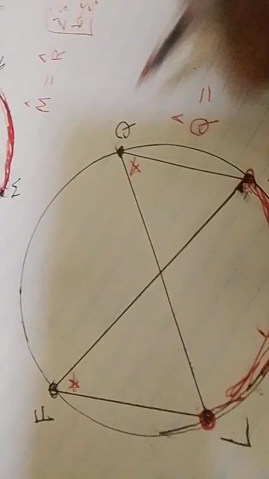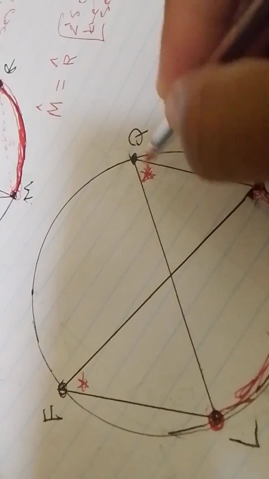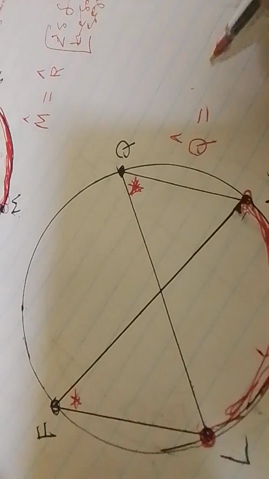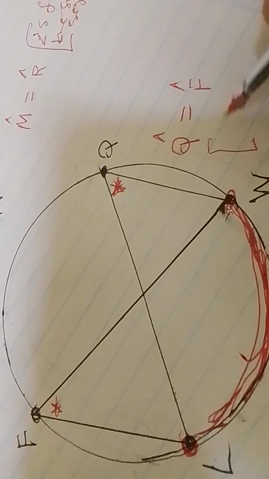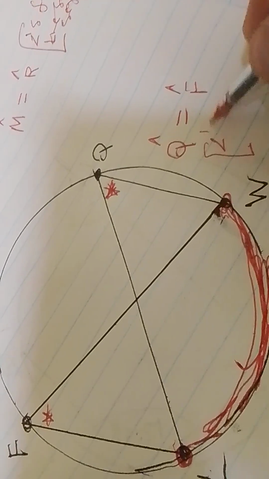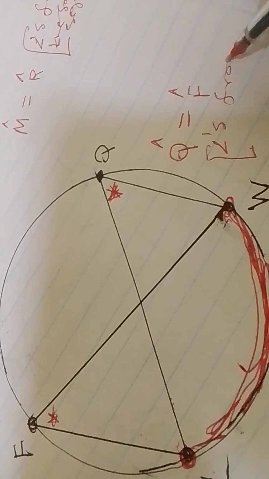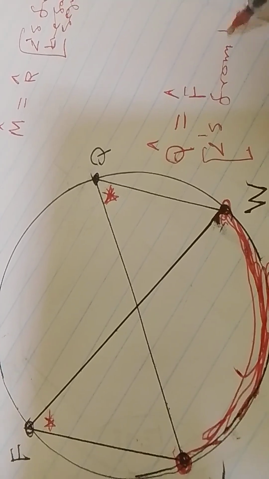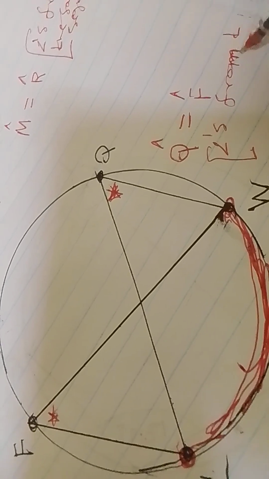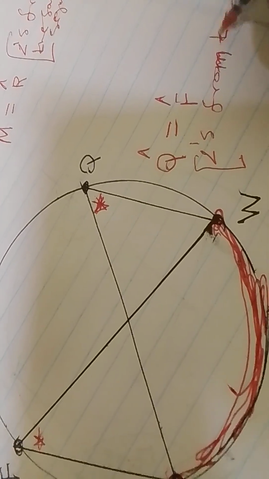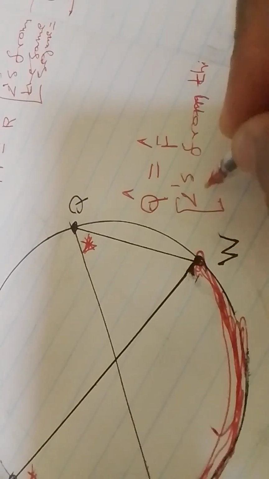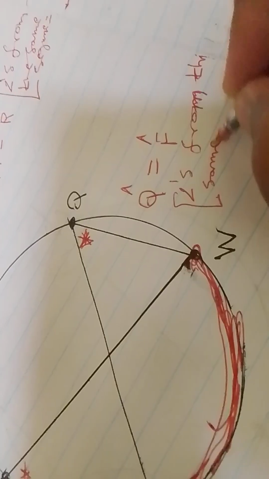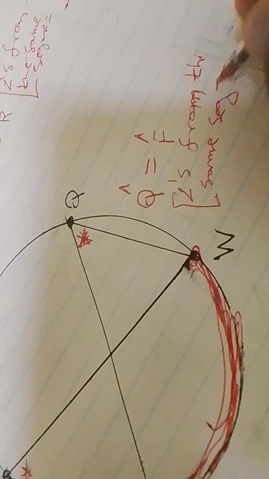So angle Q, which is this one, is equal to angle F. And the reason we are saying is angles from the same segment are equal.